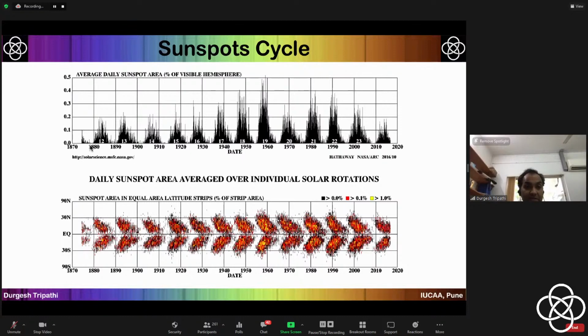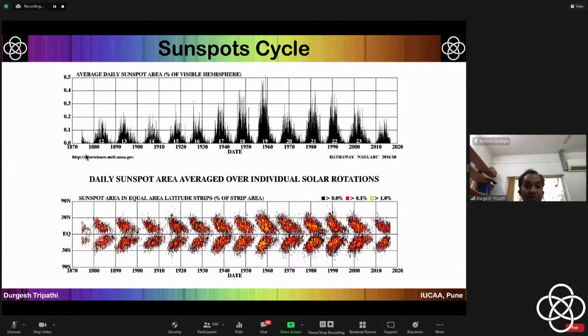What you see is that there are times when there are almost no sunspots on the surface. At the same time, there are times when there is a very large number of sunspots on the surface of the sun, right? And that changes from year to year.